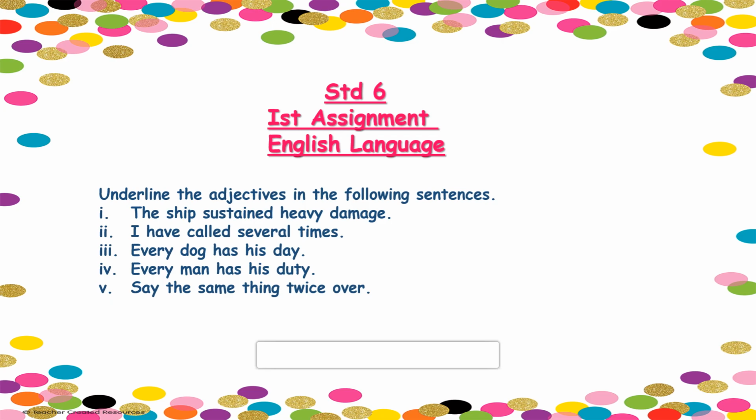So then what is left? Heavy. So heavy is an adjective. And why is it an adjective? Because it tells more about damage. Which kind of damage was it? It was heavy damage. It was not light damage. It was not severe damage. It was heavy damage. So the word heavy tells more about the word damage, which is a noun. So heavy is an adjective.